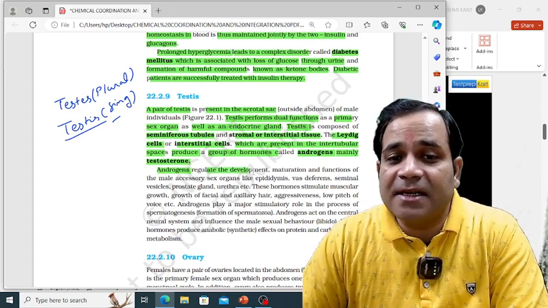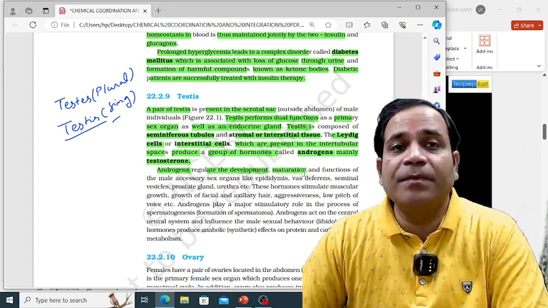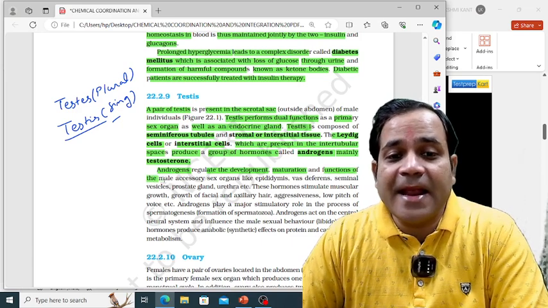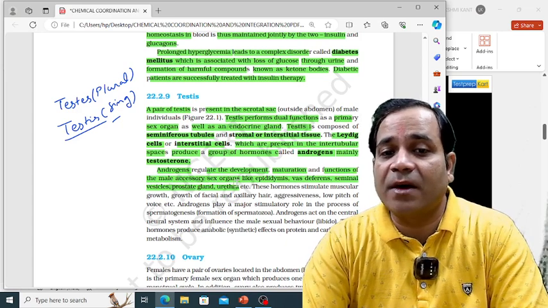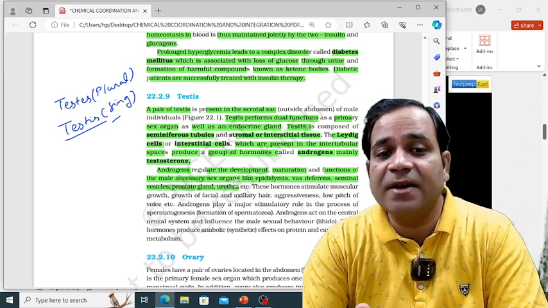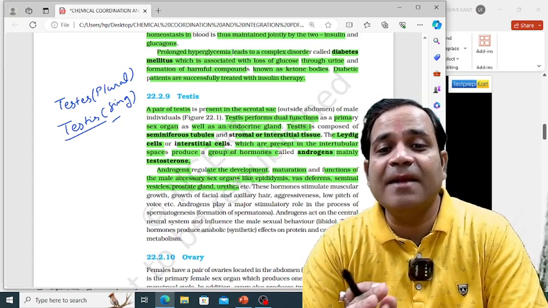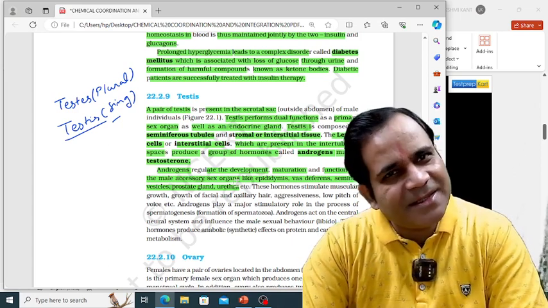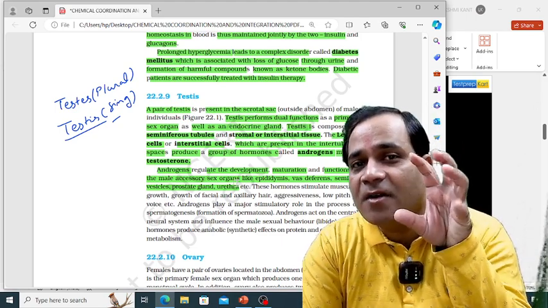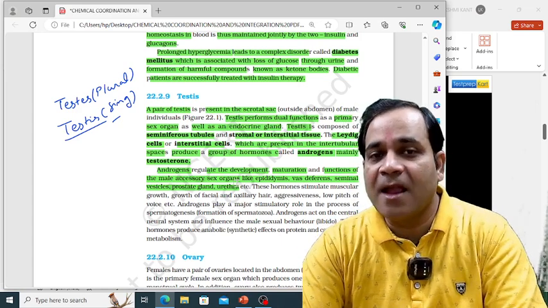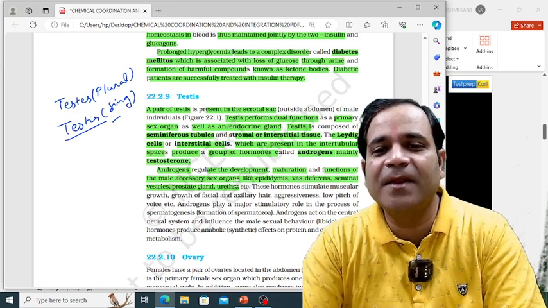Androgen regulates the development, maturation, and function of the male accessory sex organs, like the epididymis, a capsule-like structure found at the top of the testis. The vas deferens is a duct which carries the sperm.